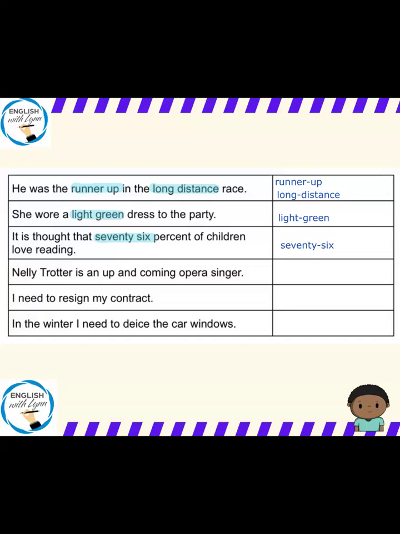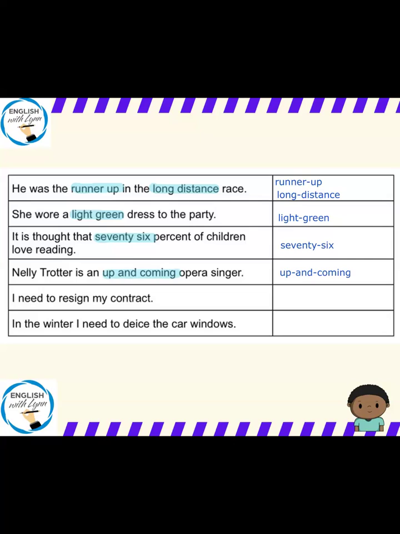The bit that I am looking at is here: she is an up and coming. So what we need to do is have the hyphen after up, hyphen and hyphen, and then the word coming after it. Okay, so up-and-coming. So there's two hyphens in that one.